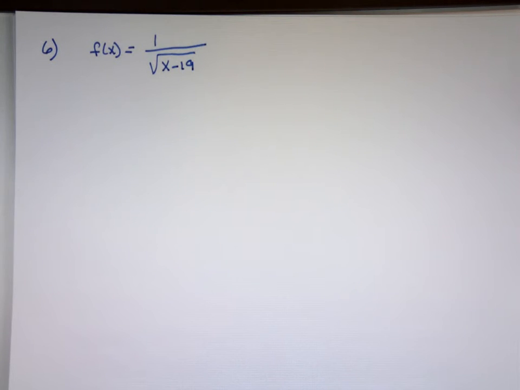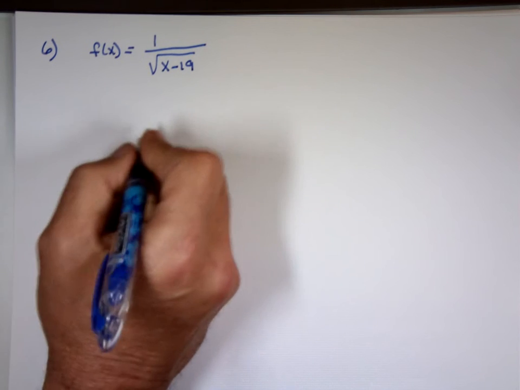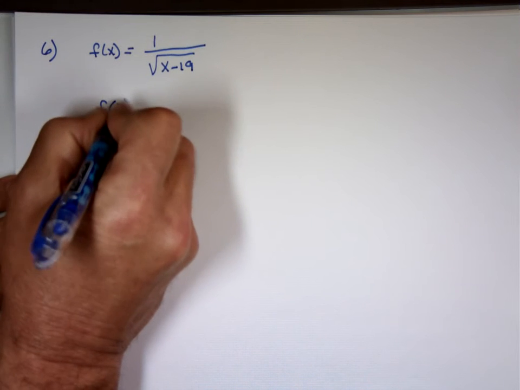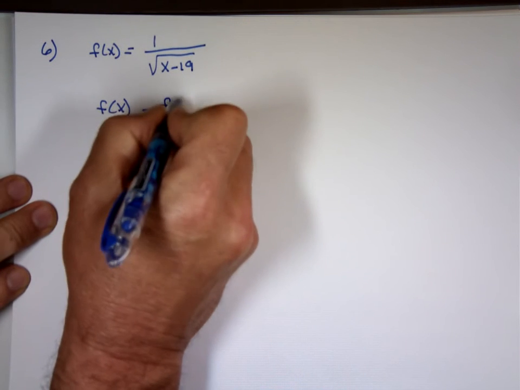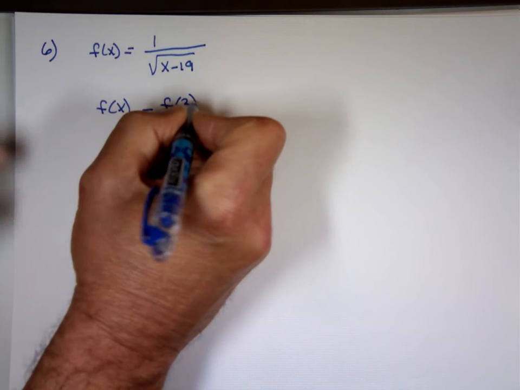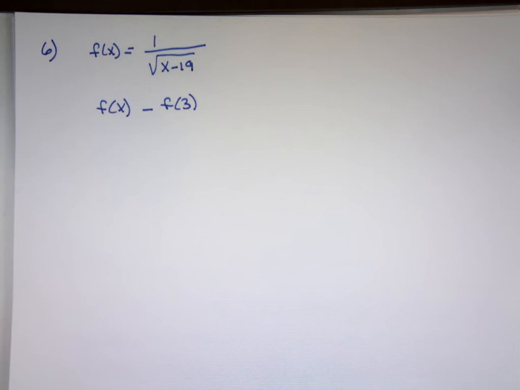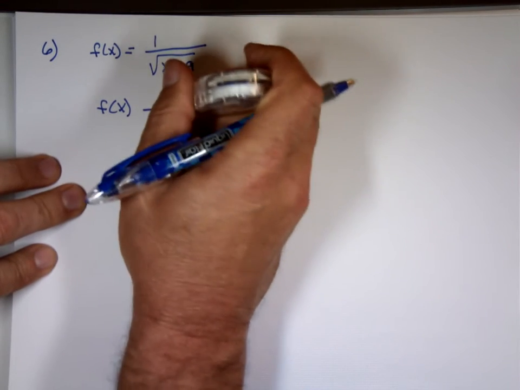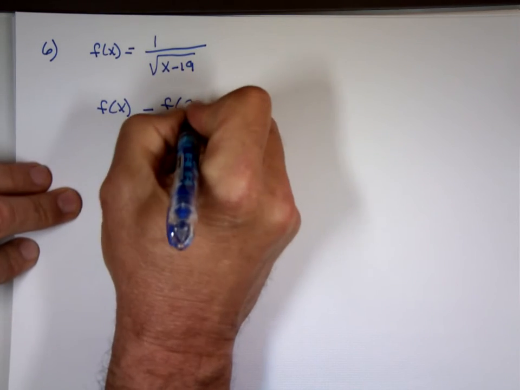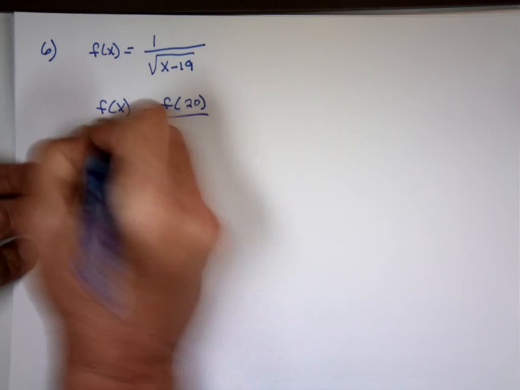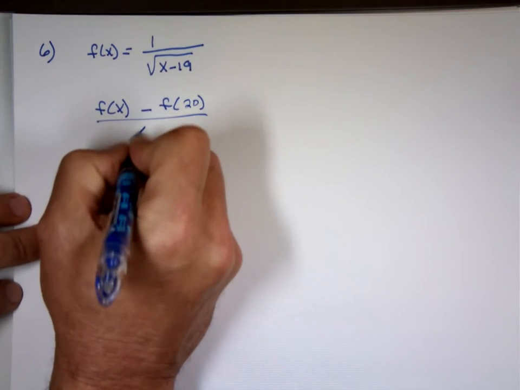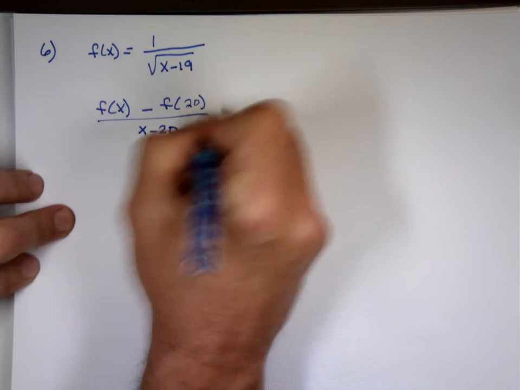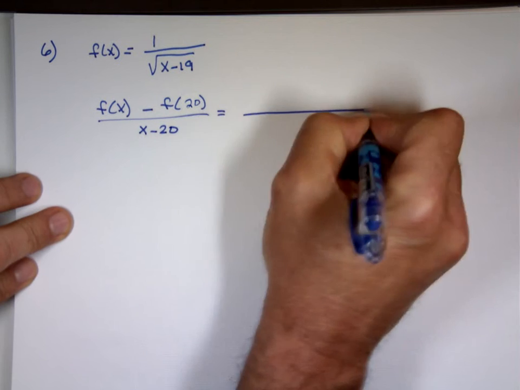It says, given this function, find f of x minus f of 20, not 3, I don't know where the 3 came from, 20, divided by x minus 20. The bottom is just x minus 20.